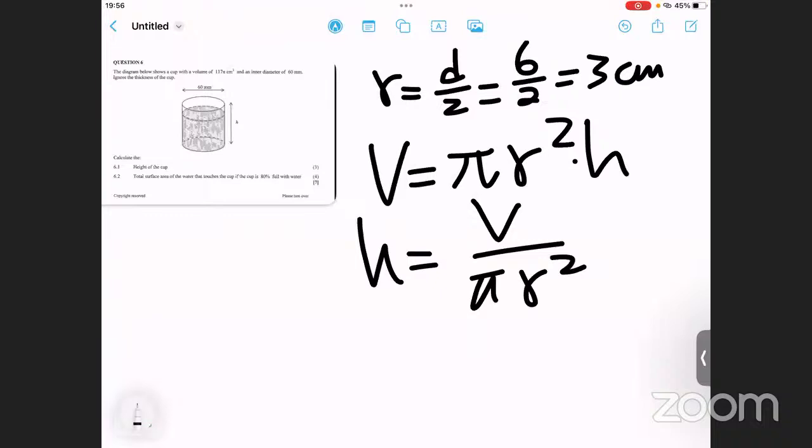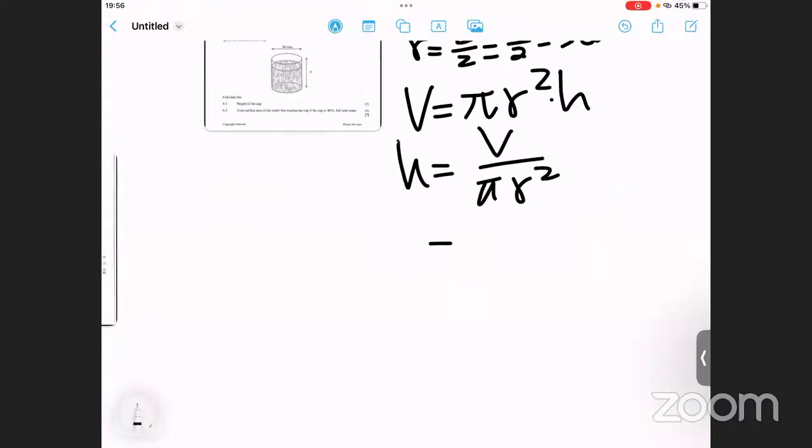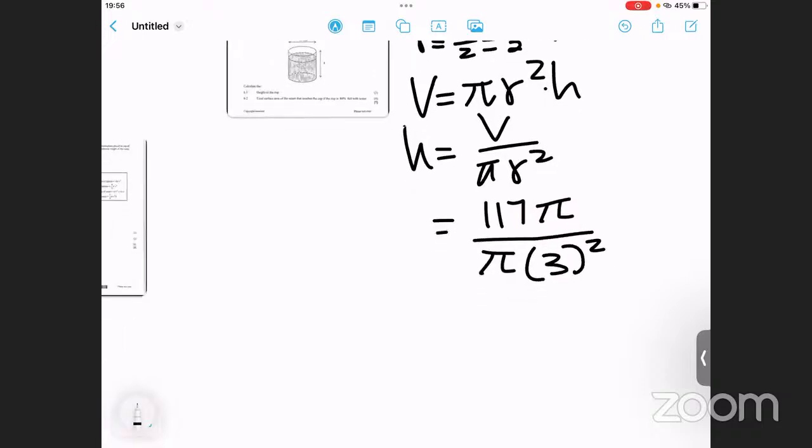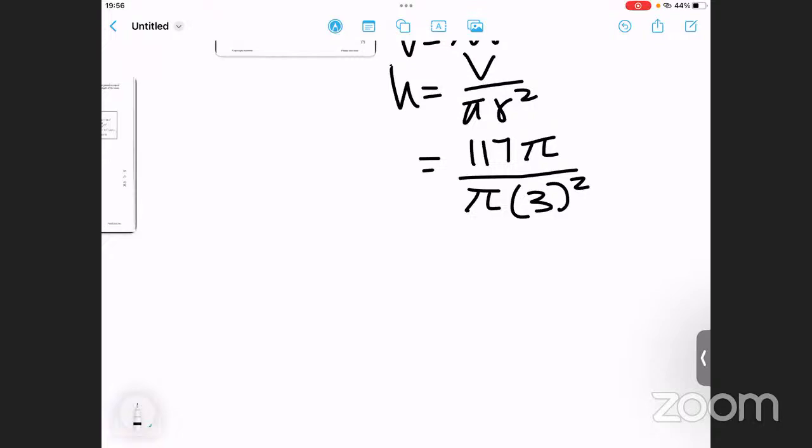Yes, sir. So then h equals 117 pi over pi multiplied by 3 squared, which is the same thing as pi multiplied by 9. The pi cancels with the pi, which will be 117, then we just divide by 9.